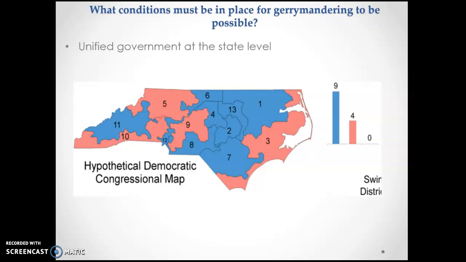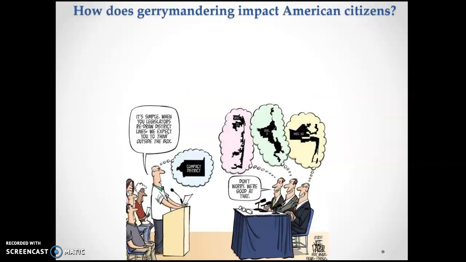So at the state level, unified government looks like, let's say, a Democratic governor with a Democratic state Senate and a Democratic House. If there is unified government at the state level, then the single party that is in control of both the state Congress and the governorship can basically draw the map, redistrict it in such a way as to give themselves an advantage. That's gerrymandering.